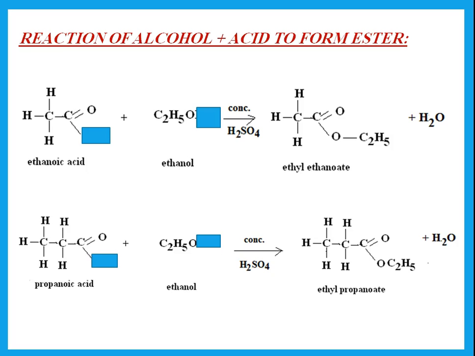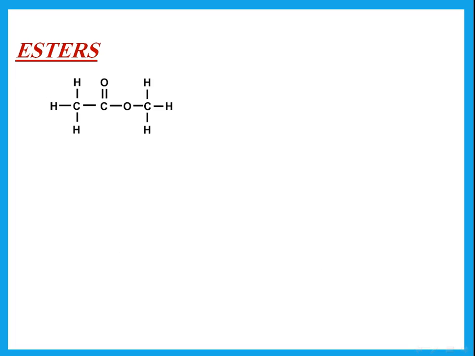Of the alcohol. This was ethanol, so the first name is ethyl something. Now, the acid which ended with oic acid is going to end now with oate. So instead of propanoic acid, I now have propanoate. So my product is ethyl propanoate. You need to sit down and practice all of this.